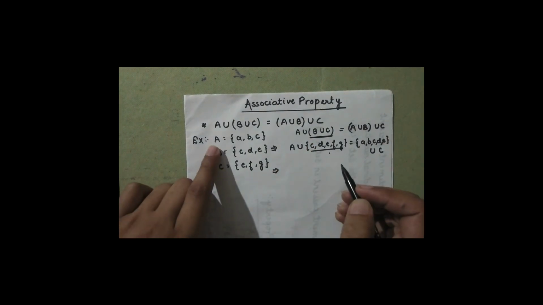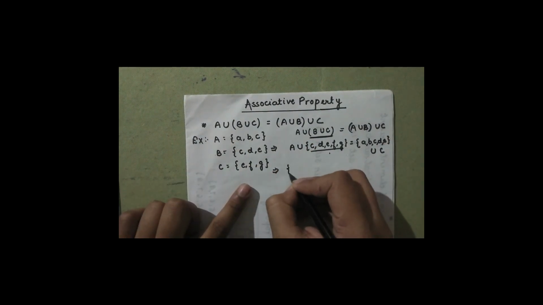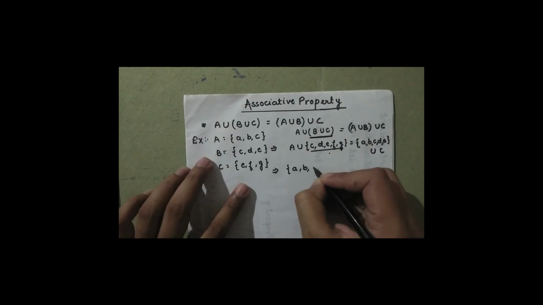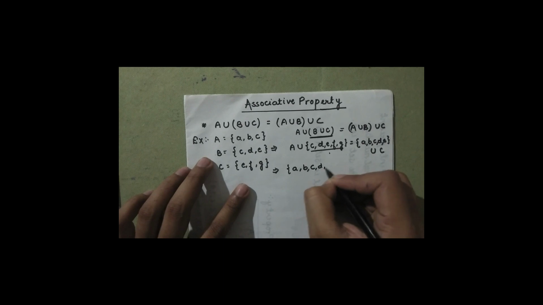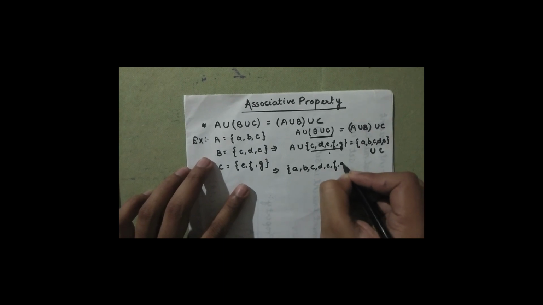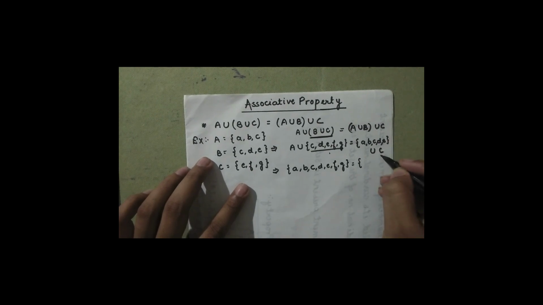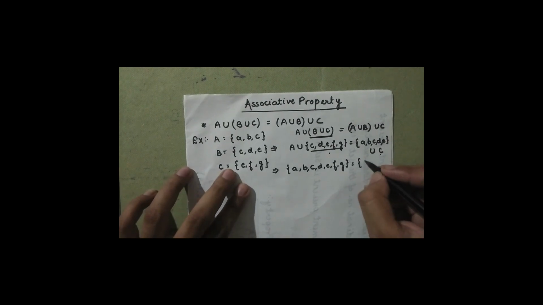So A, B, C, D union C, E, F, G gives A, B, C, D, E, F, G.